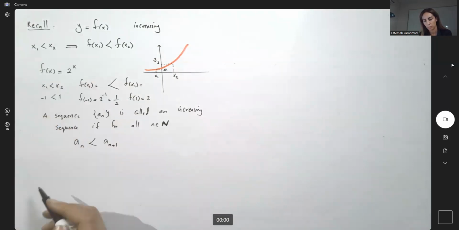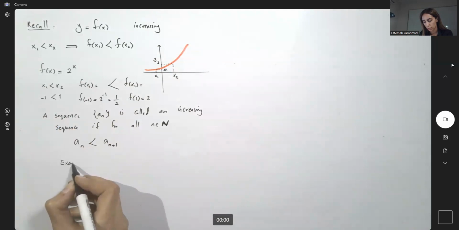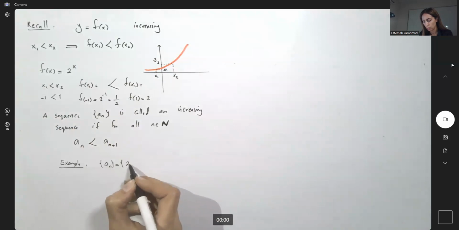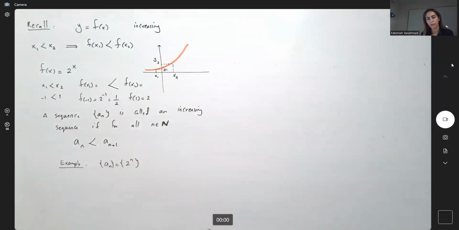We can use the exact same example here. Consider a_n equals 2 to the power n. For any natural number, 2 to the power n is always less than 2 to the power n plus 1. Don't believe me?